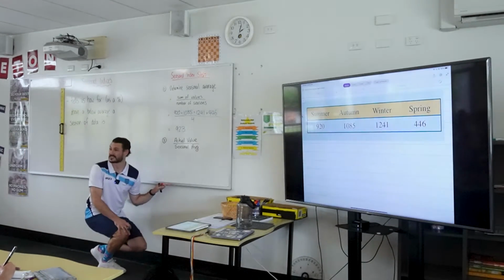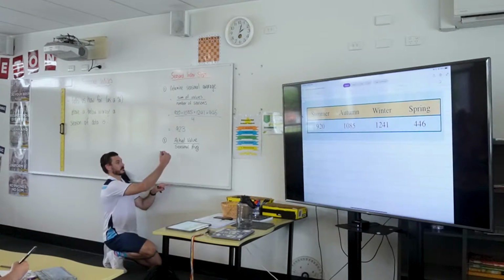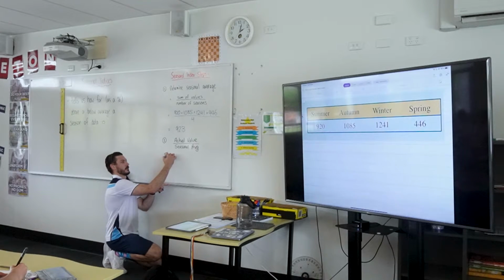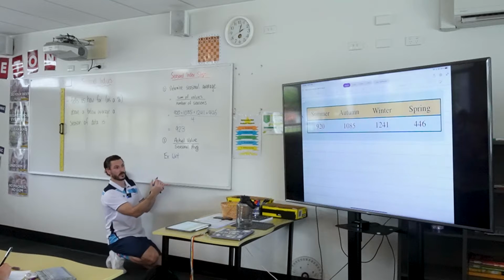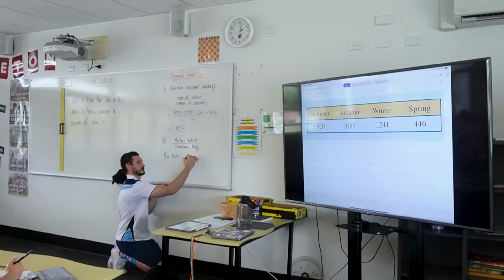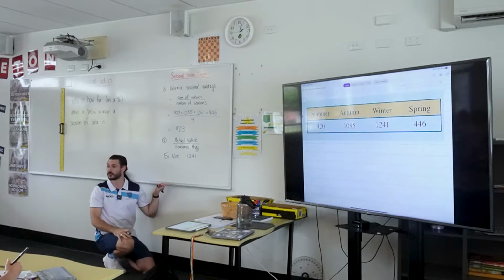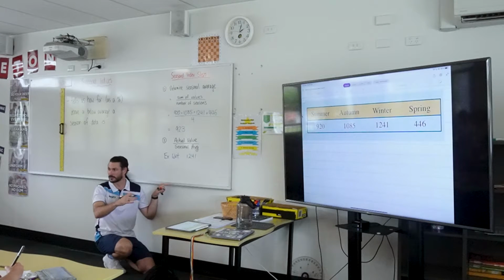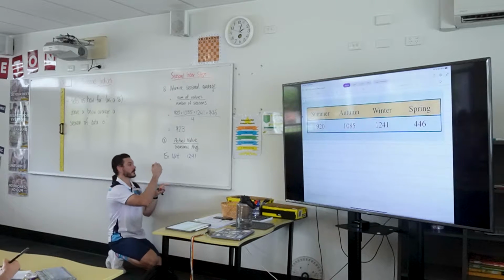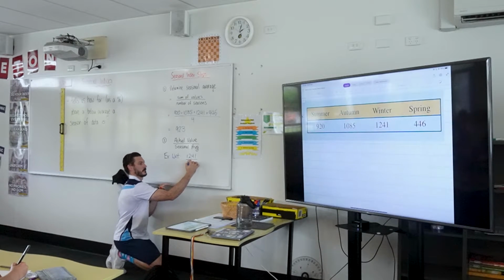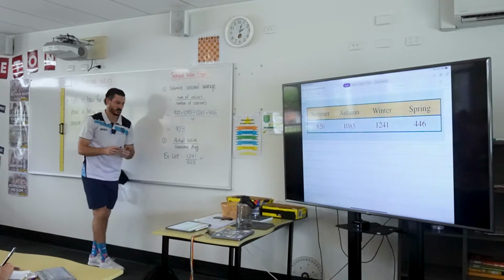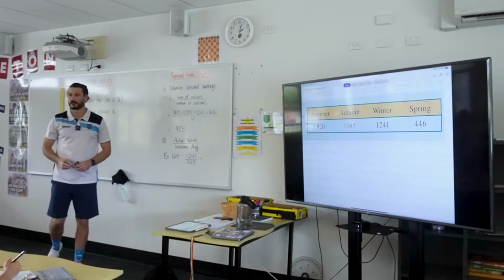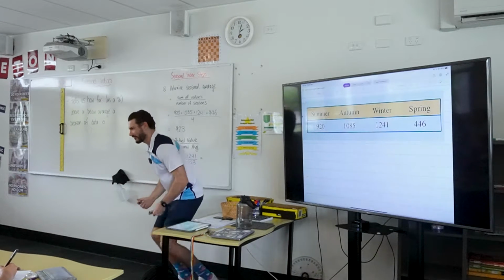So I'll do winter as an example. Sorry if you can't see the board at the bottom there, but I'm doing an example for winter. It would be 1241, that's the actual value for winter, divided by 923, which equals something. 1.35, maybe.